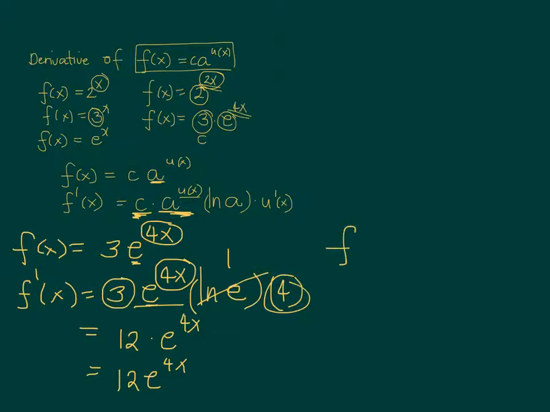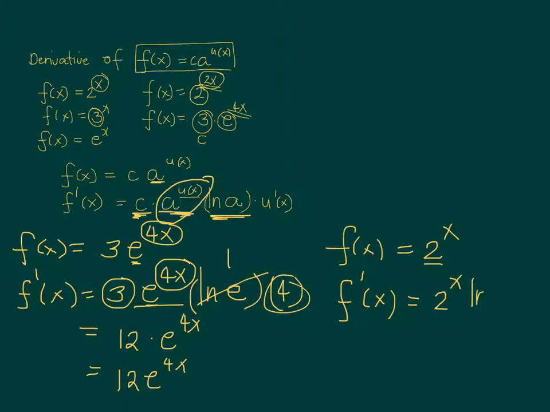Now, it can be as simple as 2 to the x. Applying the rule, f prime of x is equal to, there's no constant, so we just copy the function 2 to the x, then ln of a, so the base is 2, so ln 2, and then times the derivative of u of x, which is x, so the derivative of x is 1, so times 1.